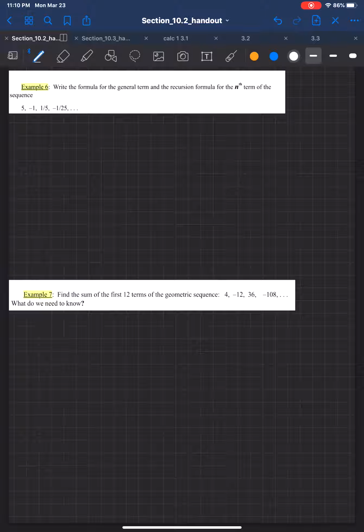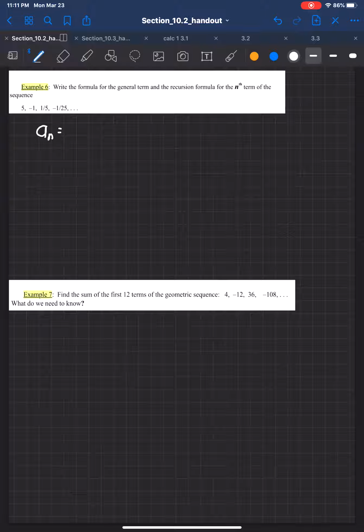All right, well, what else can we get into? So let's see if we can find the nth term formula, the general term formula, if they just give us some terms in this geometric sequence.